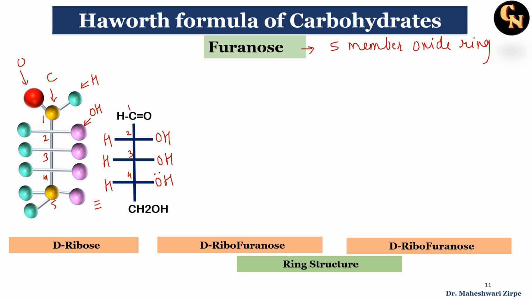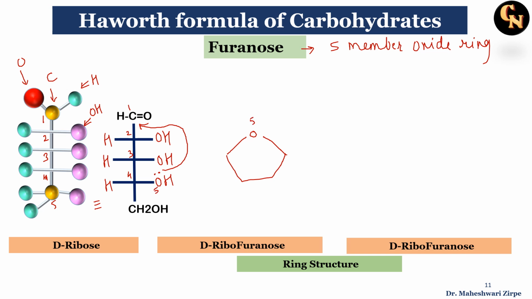So the fourth carbon hydroxyl group has to attack the aldehyde to get a Haworth projection. Let us draw the Haworth projection for this.